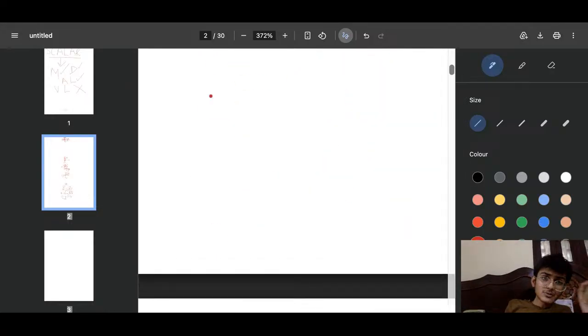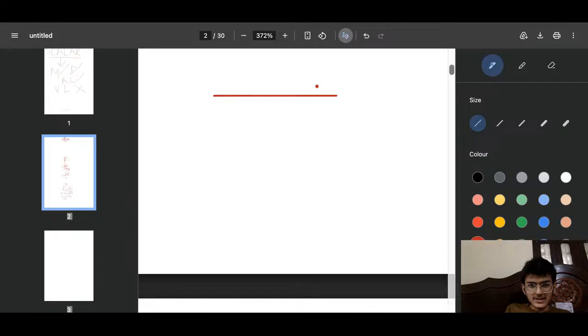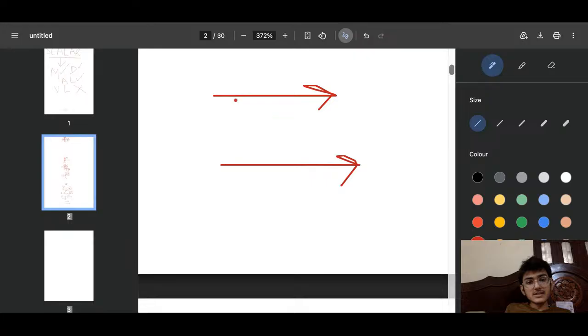First of all, you have to take the same type of coordinate, whether you are taking x, y, or the same direction. And you have to make that direction definite. You have to make the length of that vector definite. That should have a definite magnitude, not infinite. Suppose you are taking this direction, and you are saying that since it's a line, we will consider the whole coordinate system.